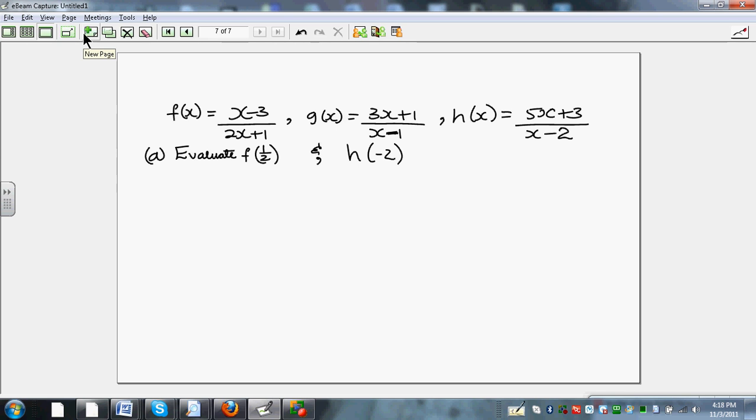And then the second part, part B, was: show that gh of minus 2 is equal to 25 over 3.